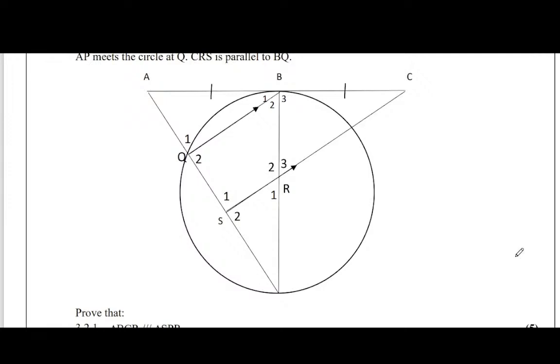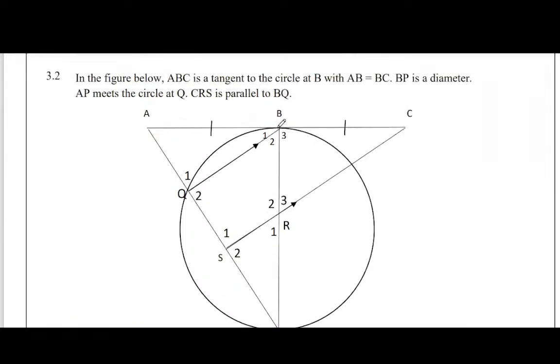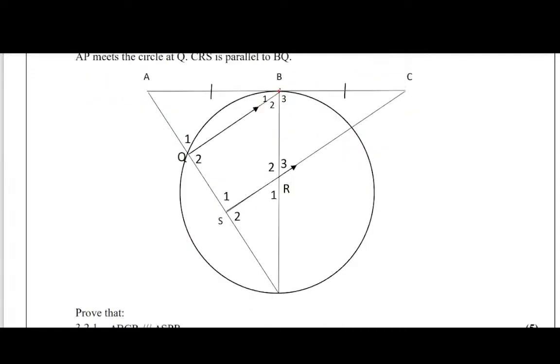We know a tangent is just a line that touches the circle at one point, to the circle at B. AB is the same as BC, already indicated for us, and then BP is a diameter.